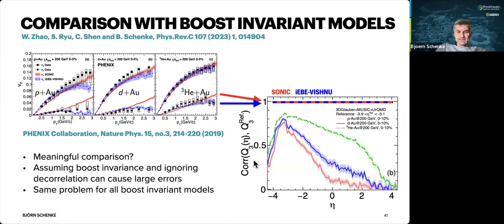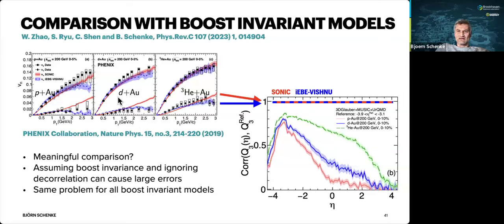So how do they get this decorrelation? Well, they don't, right? We saw between this -3, where the reference frame is, and mid rapidity, there's actually a factor of, I don't know what, 90% reduction in p-gold, whereas these models would just give 1 everywhere, right? So what does this mean if I compare this to the data?